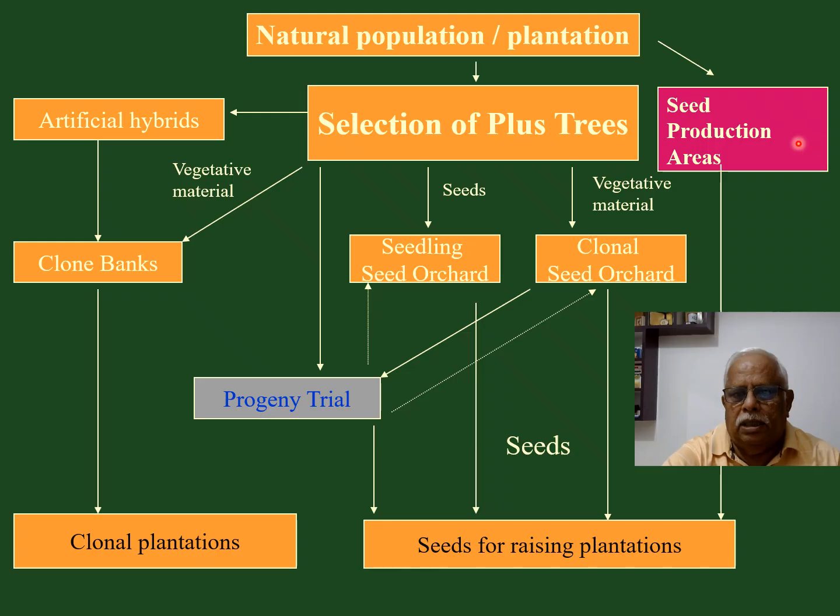So seed production areas can be established in 1 or 2 years' time, whereas the selection of plus trees, establishment of an orchard and collecting seeds will take about 10 to 15 years depending upon the species. And if you understand this whole chart, it gives the idea about the heart of the tree improvement program.